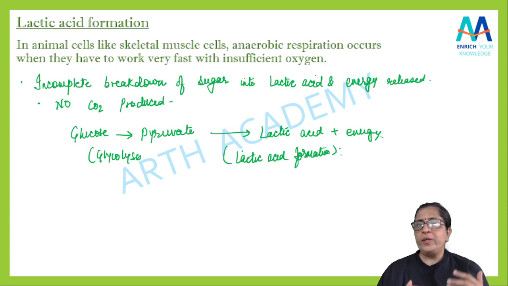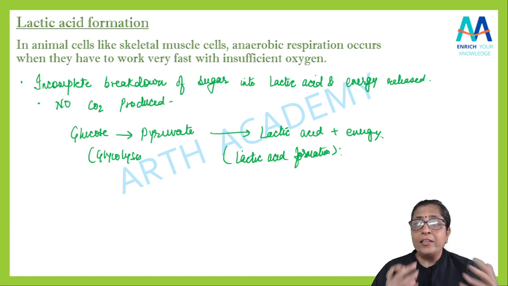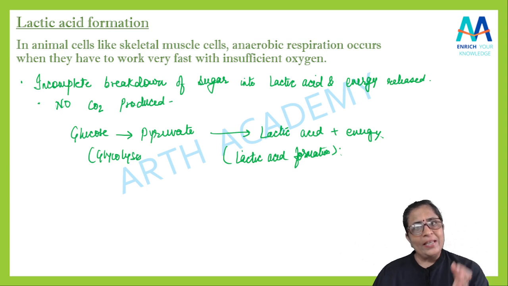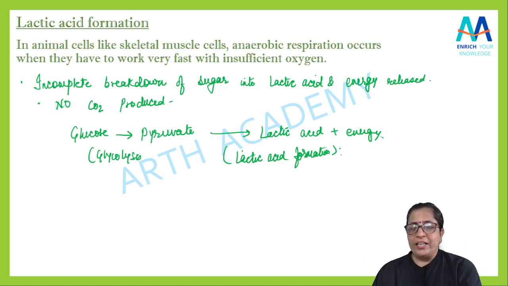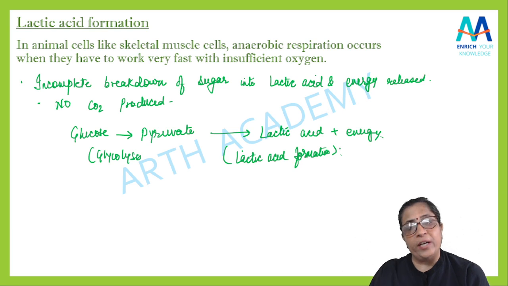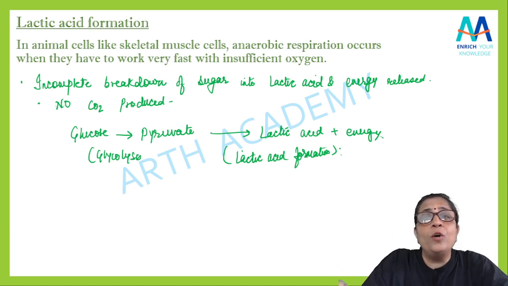The aerobic respiration our body is doing in the cells gives some amount of energy, but our body needs more than that, and that also instantly, because it is that work. So at that time, the muscle cells go for this lactic acid formation. That means in these muscle cells, glucose is metabolized to form lactic acid in the absence of oxygen.